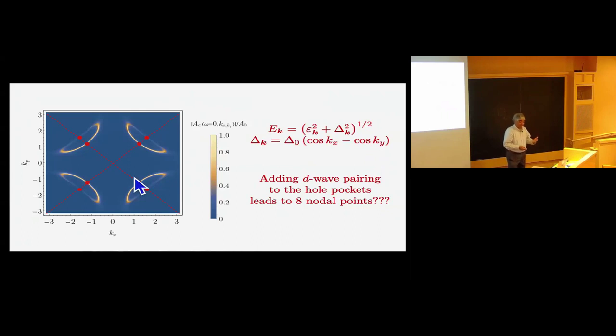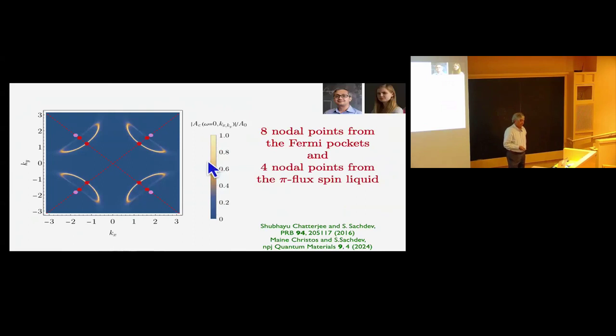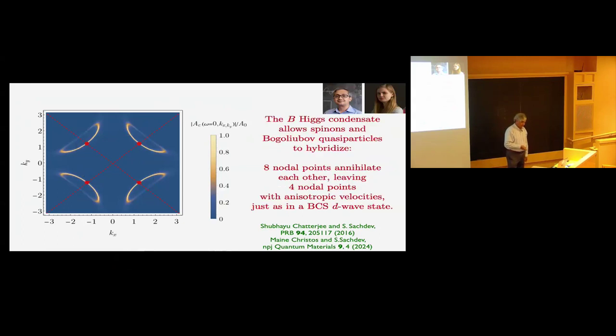What we are doing is we have a non-BCS transition where we're condensing this Higgs boson. And what that Higgs boson does is it mixes the Bogoliubov quasiparticles with the spinons. And there are 4 spinons around in the pi flux phase. And so now when you do the calculation, lo and behold, the backside Bogoliubov quasiparticle annihilates with the spinon, and you get 4 nodes.